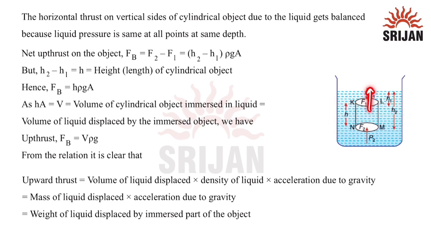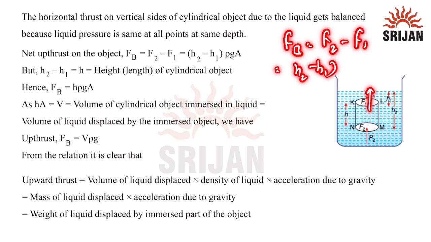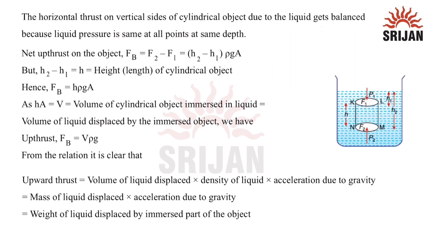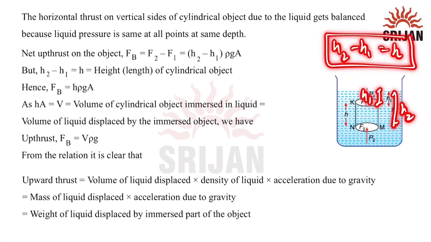Now, the net upthrust force, that is FB, will be equal to F2 minus F1. That would be equal to h2 minus h1 into rho g area. We know that h2 minus h1 is equal to the height of the cylinder h.